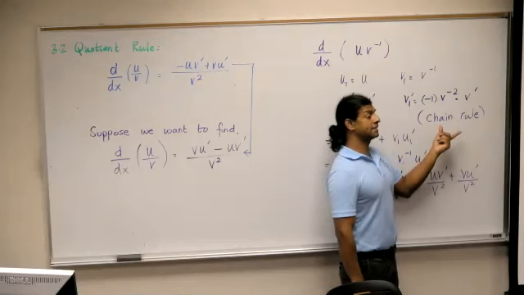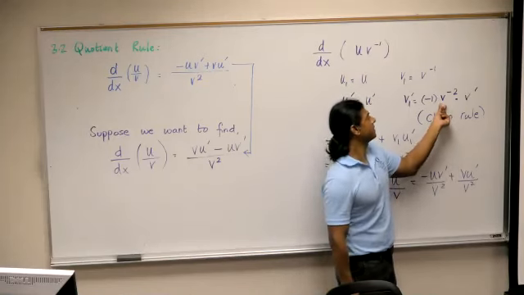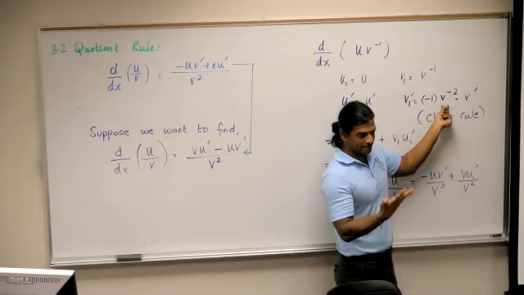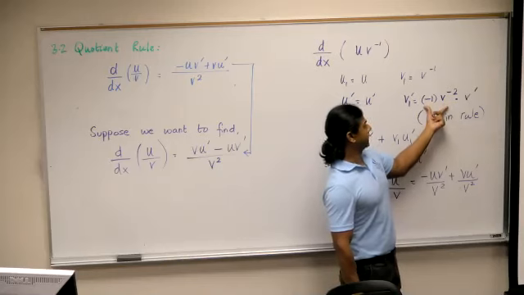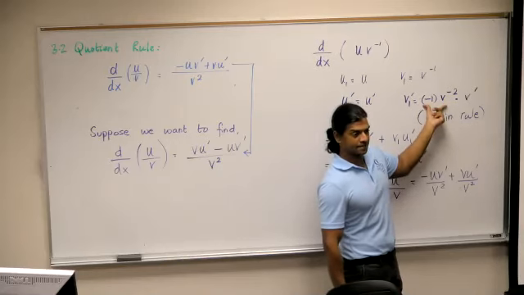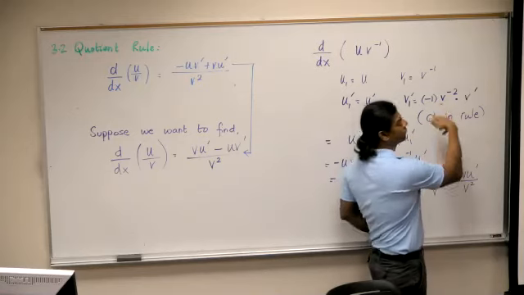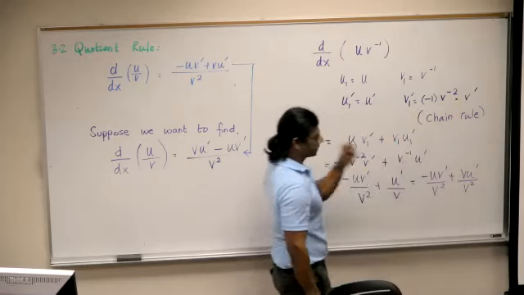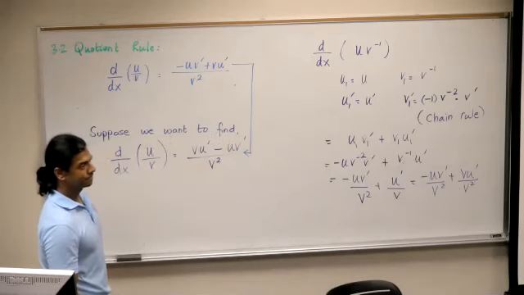Chain rule simply states that if v is a function of x, then we treat v like any other variable. Find its derivative, which is -1, v raised to -2, but multiply by the derivative of v itself. So you've got to multiply by v prime. Are we clear? Yes.